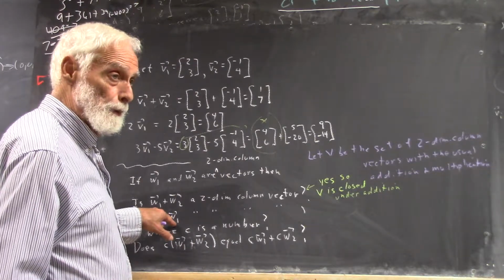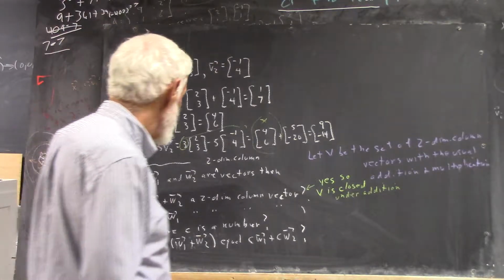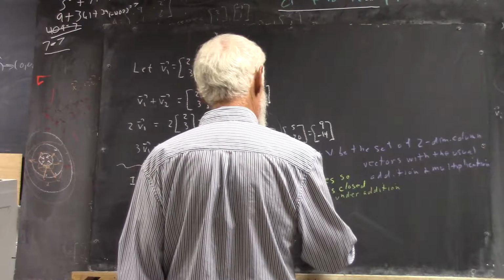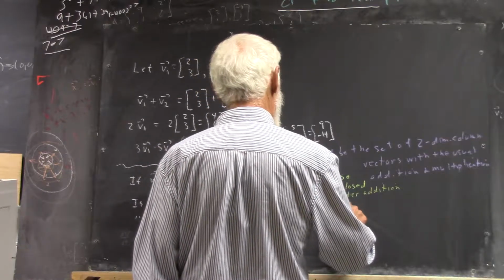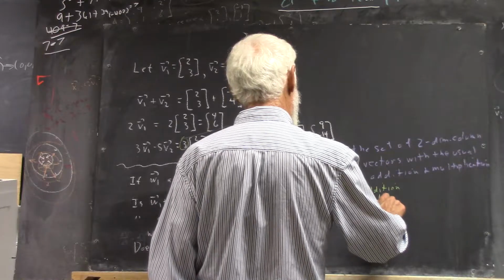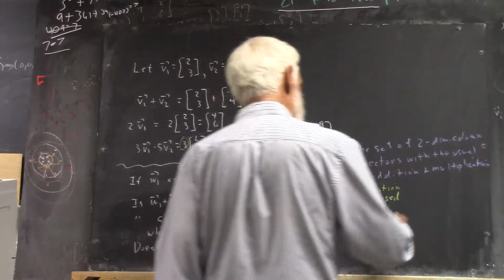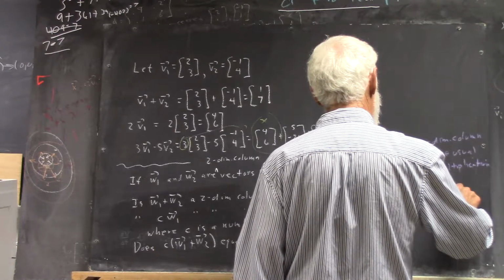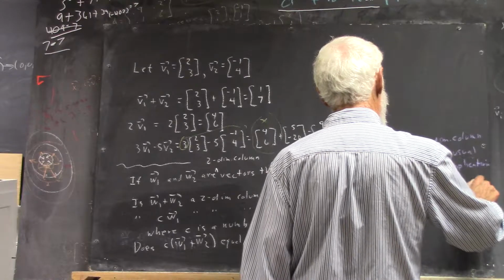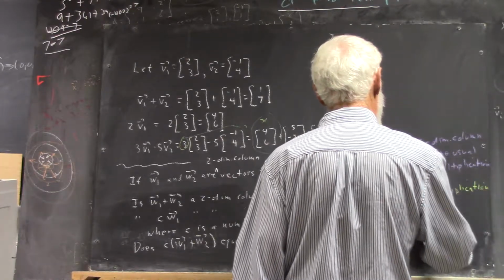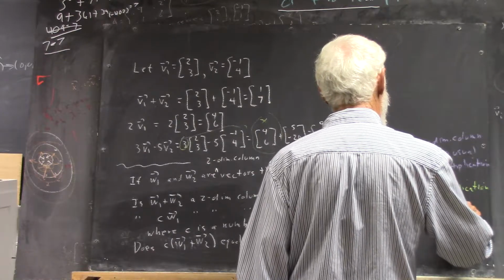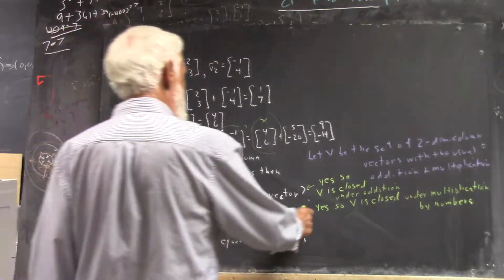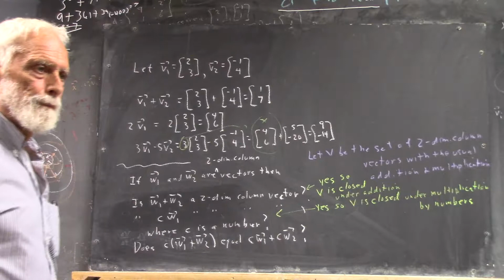You can multiply it by W1, just multiply both components by whatever C is. So these are closed under multiplication by numbers. That was this question. Okay?